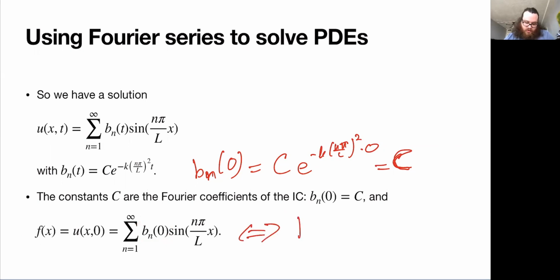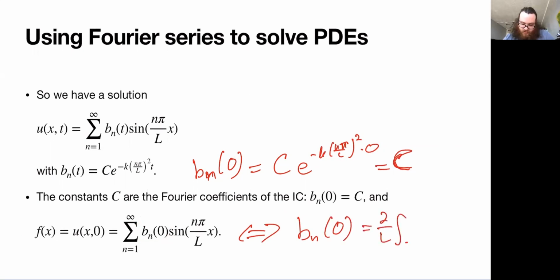In other words, these b sub n of 0 are exactly 2 over L, the integral from 0 to L of f of x sine of n pi over L x dx.